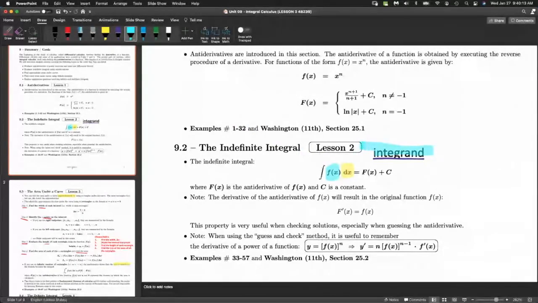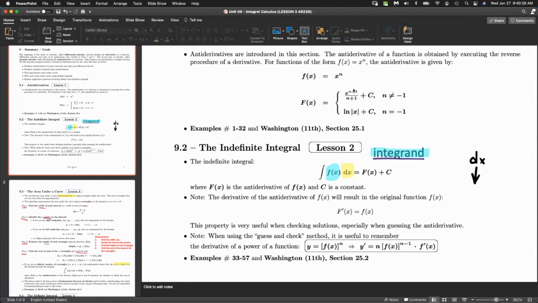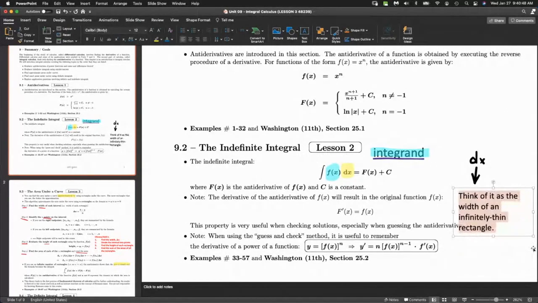Well, I hope that you have a better understanding of it now, because dx here, you can think of it as an interval width. Because I mentioned to you that the antiderivative gives you the exact answer for the area, you can think of the symbol dx as the width of an infinitely thin rectangle.